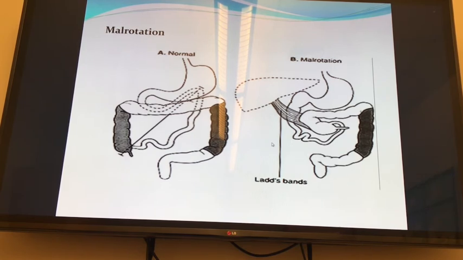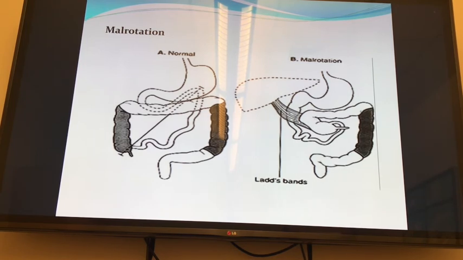One of the things is a malrotation. Some people have a congenital abnormality where the bowel is malrotated. It's not like the normal one on the left here, where the colon is stuck up here. There's this Ladd's band here, and the colon didn't rotate around to the proper position in utero.